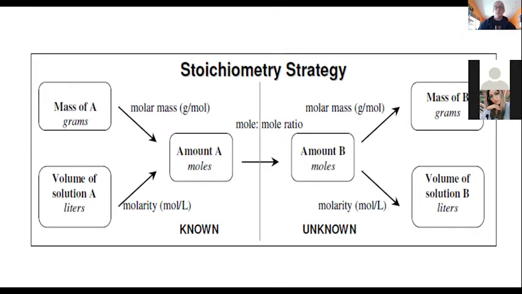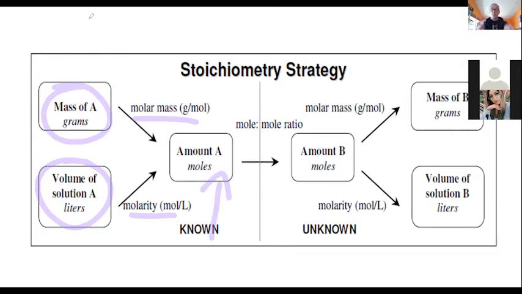We start out with a mass of something, some reactant. It's in some volume. And so from there, we figure out, based on the molar mass, what the molarity is.